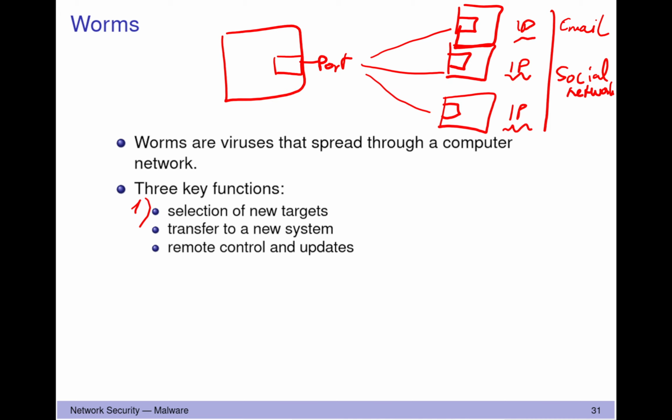So you need to have some kind of protocol in place that is then utilized, and some vulnerable service offering that protocol to attack. And then once the new machine is infected, it is spreading further on. So selection of new targets, second, transfer to new system, and third, remote control and update. So you must maintain control.